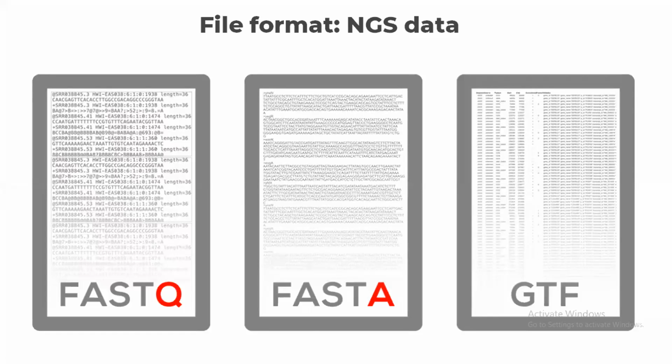It represents DNA and protein sequences. Typically, this is the reference file for any genome or protein. And then we come to the GTF file, the gene transfer format, which contains genome annotations. For example, GTF stores the start and the end of each genomic element. It could be an exon, isoform, or a gene.